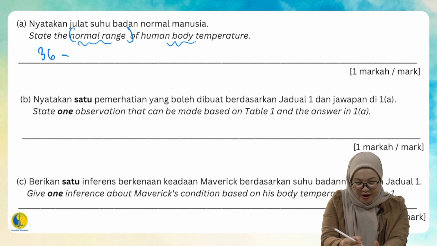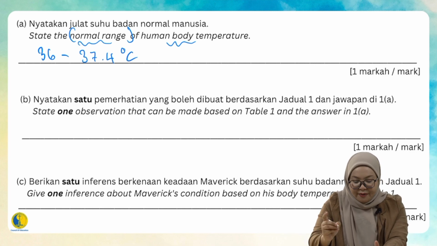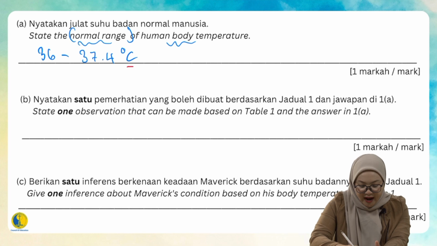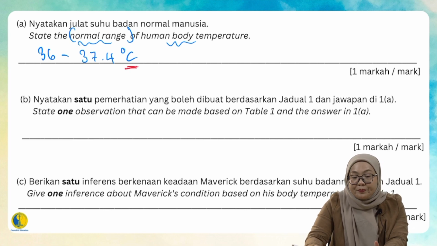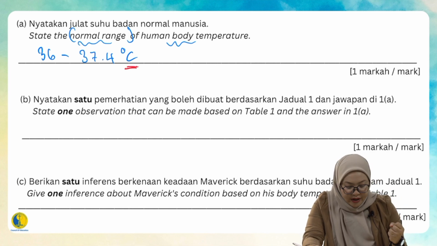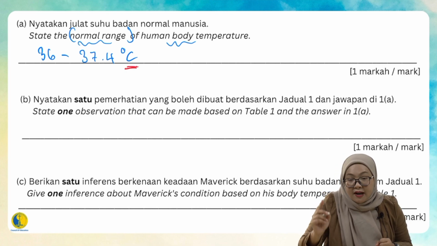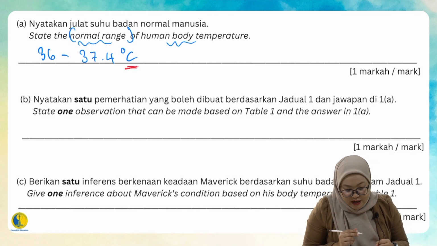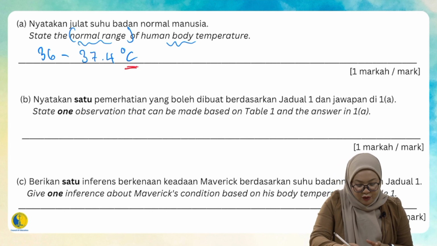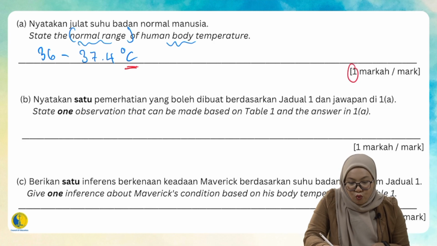No, 36 to 37.4 degrees Celsius. Remember guys, you have to put the unit. If you only put the numbers, the value without the unit, which is degree Celsius, 0 mark for you. If you write 36 to 37.4 degrees Celsius, you get 1 mark.